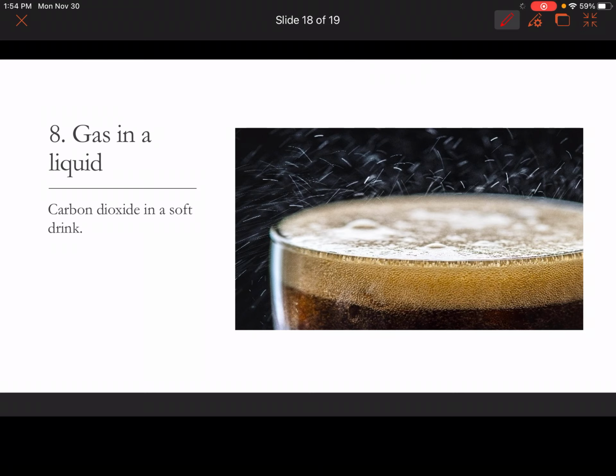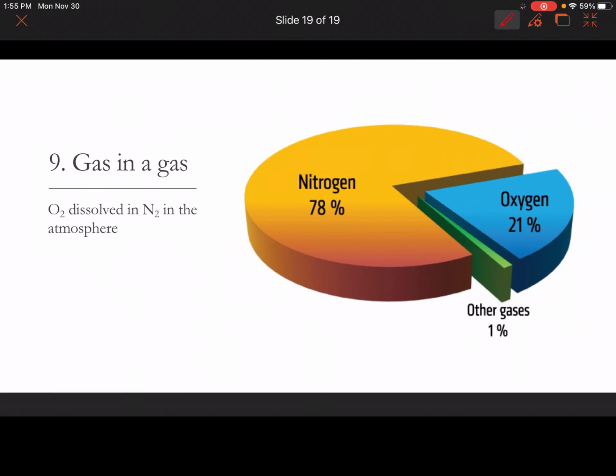Number 8, gas in a liquid. Most common one that most of us have experience with would be carbon dioxide in a soft drink. So anytime you have a carbonated beverage, that's a gas being dissolved in a liquid. We could talk about dissolved oxygen in water, anything like that. And number 9, lastly, a gas in a gas. So an example of this is simply our atmosphere.